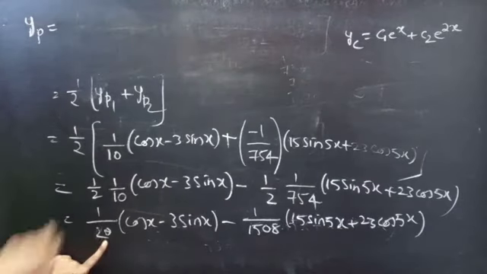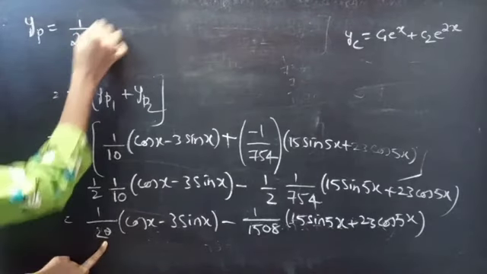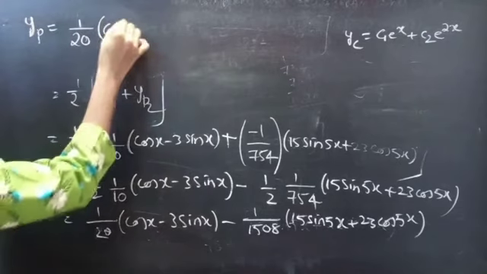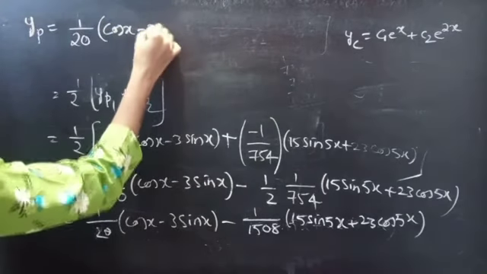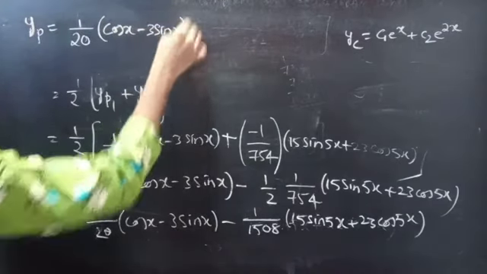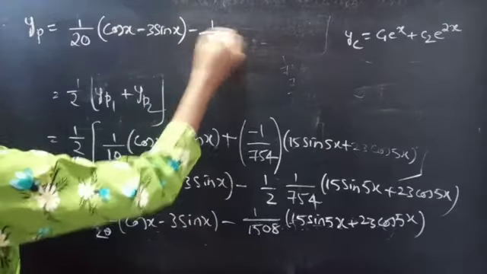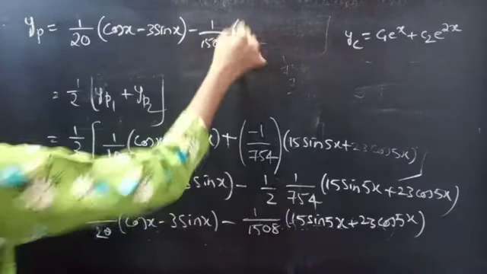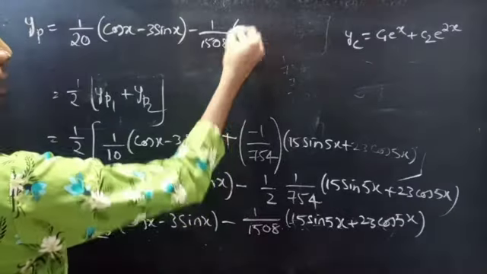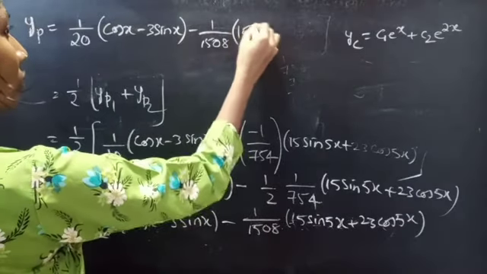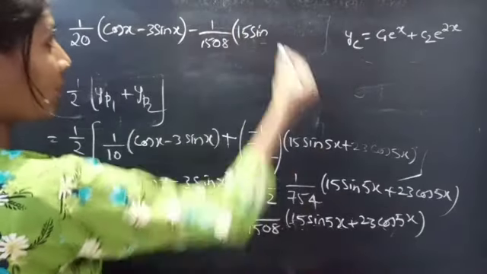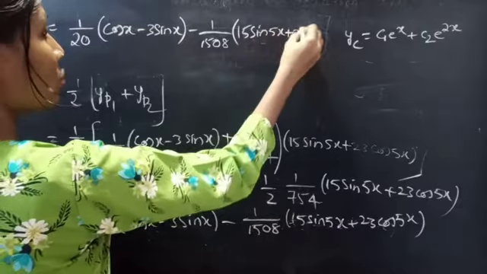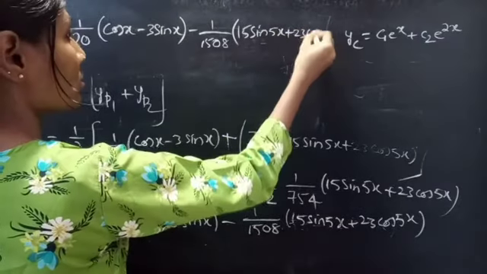Therefore, yp equals 1 by 20 into cos x minus 3 sin x minus 1 by 1508 into 15 sin 5x plus 23 cos 5x.